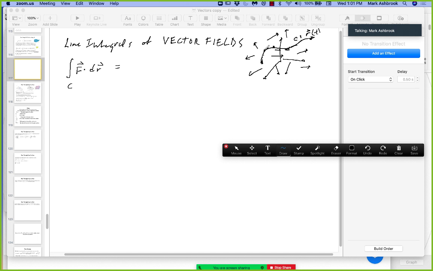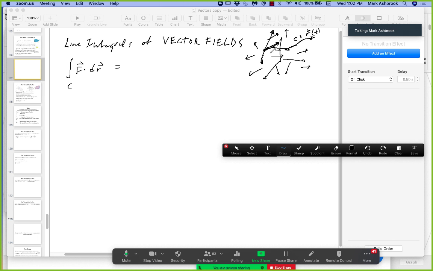For instance, if at this point on the curve we had this vector here, then we want dr times this component, which is in the direction of the curve. That's what the dot product does, right? It gives us as much of f as is in the direction of the tangent to the curve.